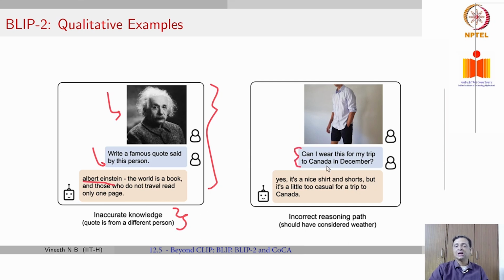Similarly, here is an image, and if I say can I wear this for my trip to Canada in December, the model says yes, it's a nice shirt and shorts, but it's a little too casual for a trip to Canada. But then it completely ignores the weather component in this outcome. So it works quite well, has a few limitations, but there are more extensive results in the paper which I'll request you to go over.